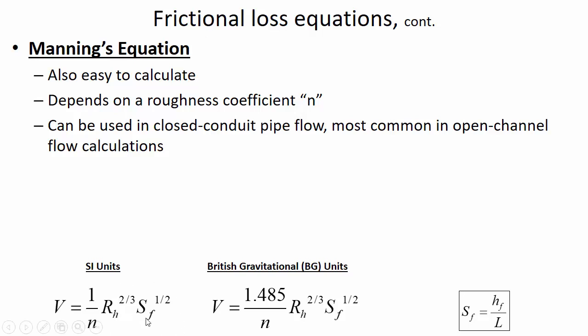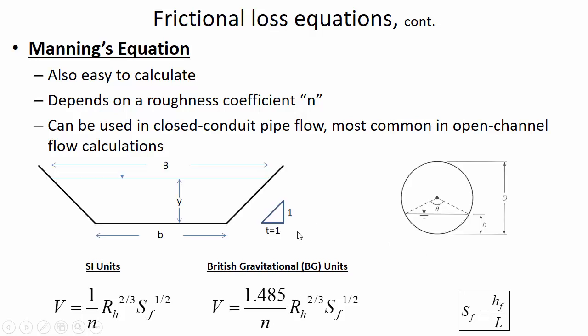And then it has an energy term, so like the driving force, what's pushing the flow through there. So there's some similarities, and there's a difference in units between SI and the British gravitational units. This correction factor of 1.485 is used when we're working in BG units.